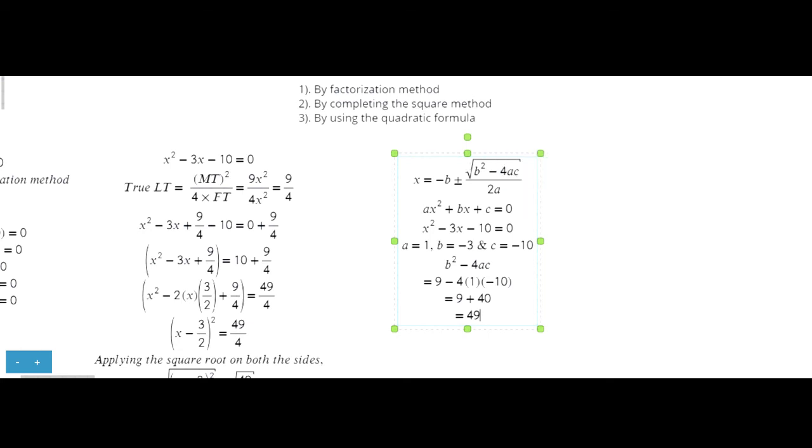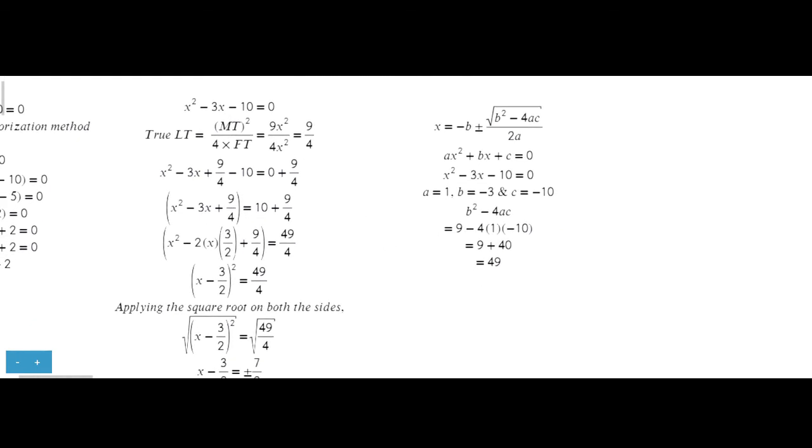Now I'll just put this value in the above formula. And as you can see here, there is a plus or minus sign. So wait a minute, there is a problem here. I think we haven't written this formula properly. This 2a will be over the entire formula here.